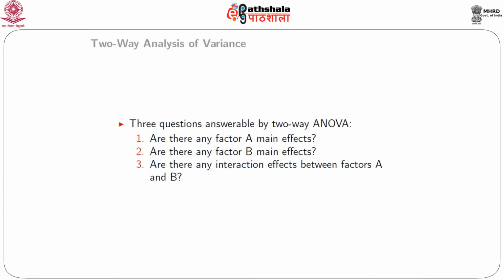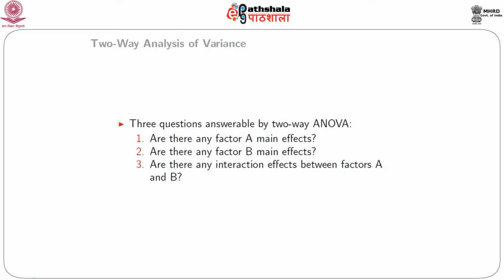Now, here are three questions that you can try to answer by using two-way analysis of variance. Are there any main effects because of factor A? Are there any main effects because of factor B? Are there any interaction effects between factors A and B?